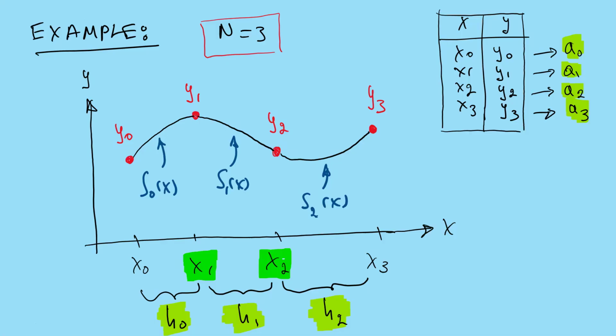Also, we define the step size, h, which represents the distance between the consecutive x values. The goal is to determine the cubic polynomials for each interval. For this reason, now we have to find the remaining coefficients.